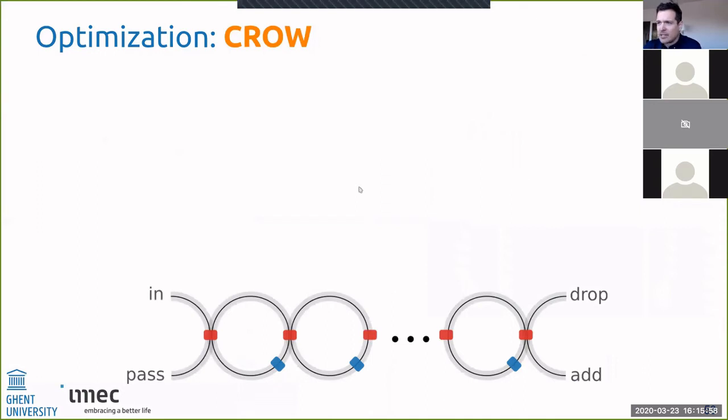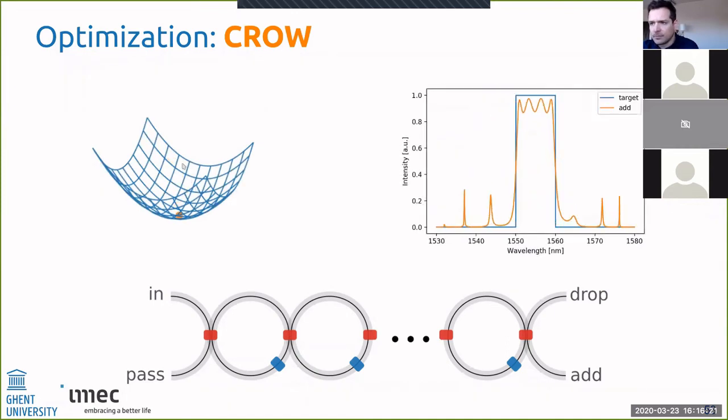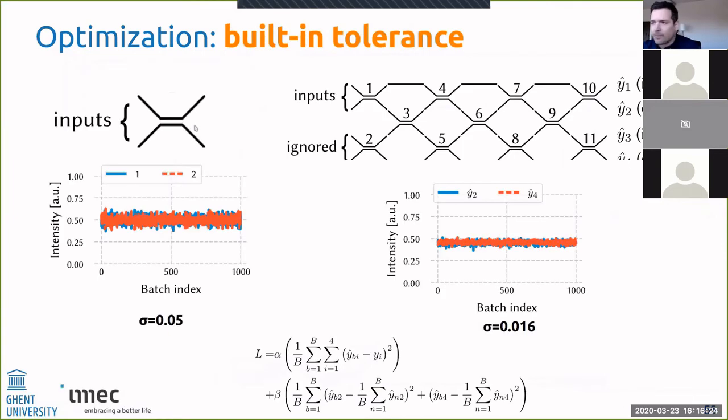However, as I mentioned before, you're not limited to neuromorphic architectures. Also pretty normal photonic architectures can easily be optimized with Photontorch. So here you see, for example, a coupled resonator optical waveguide, or what we call a CROW, which is optimized in the frequency domain to create a bandpass filter. And here you see a mesh network that was optimized to compensate for variability in the components.